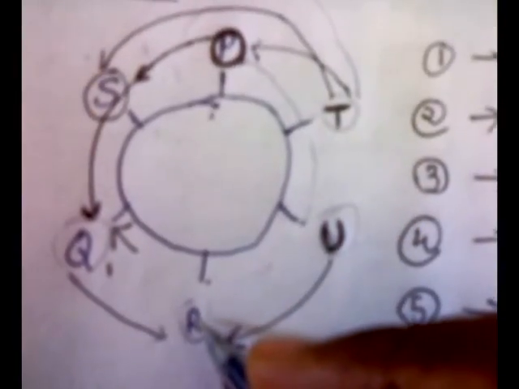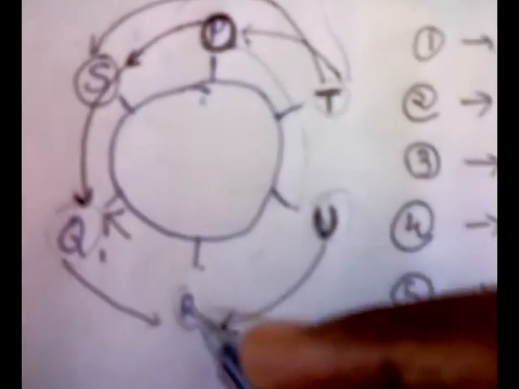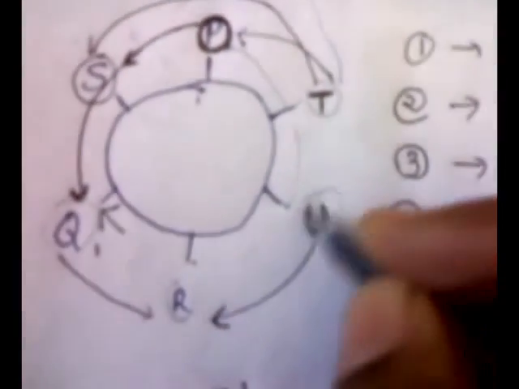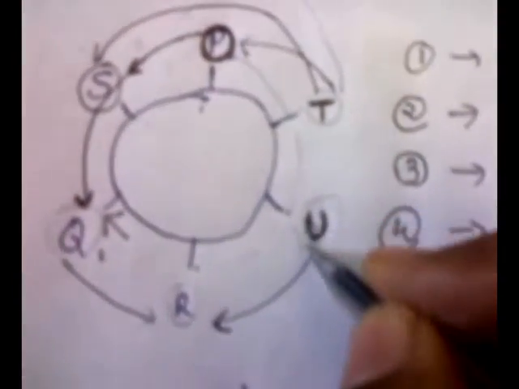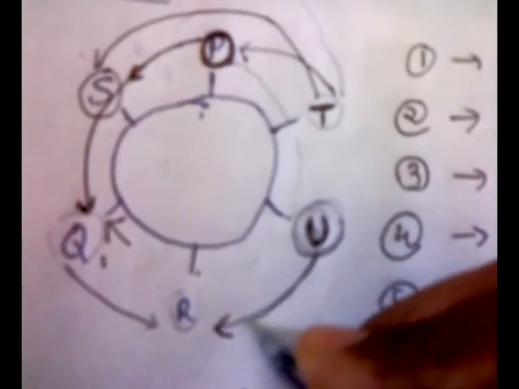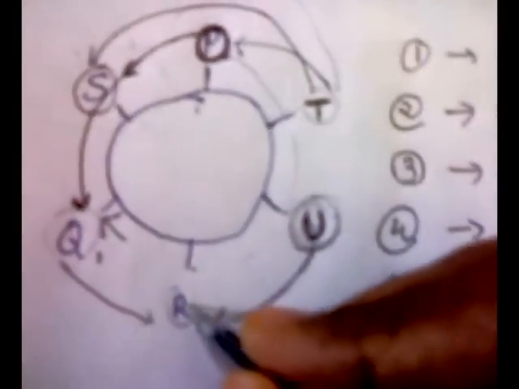And for the only first option, that is UR, the first person R is sitting immediate left of U. Let's see how. Again, this is U and we moved in a clockwise direction towards R, so R is sitting immediate left of U. That's why the first option is correct.